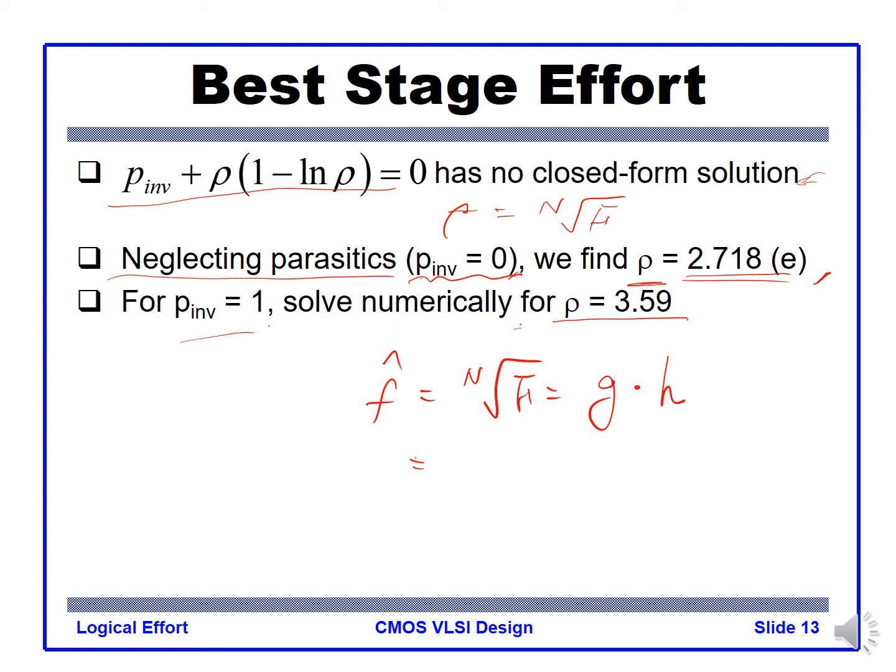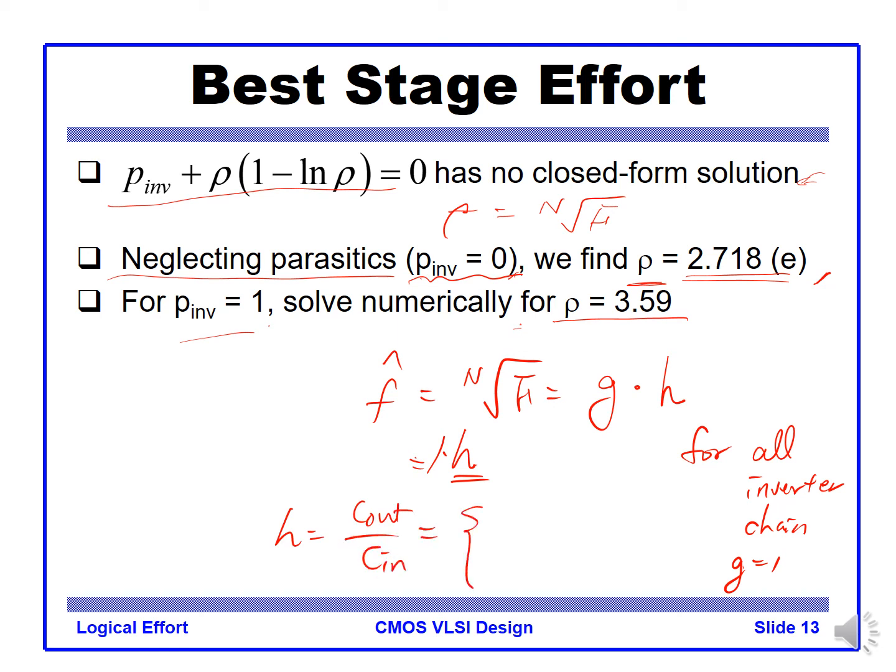For the inverter chain, if we assume all G equal to 1, then that would be the H, 1 times H. So the fan out, H equal to C out over C in, should be 2.7, the natural constant e, or 3.59, considering P inv equal to 1.